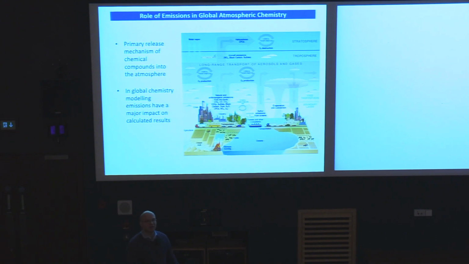If your inputs are not right, the fluxes that go into the atmosphere are not properly quantified, then you cannot expect the model to calculate results that match with what's happening in the real atmosphere. As the old saying goes, garbage in, garbage out. If your input numbers aren't right, then you cannot expect the model to provide you the correct answers for the right reasons. But sometimes you might get the right answers, but for the wrong reasons, which is a bit frustrating.